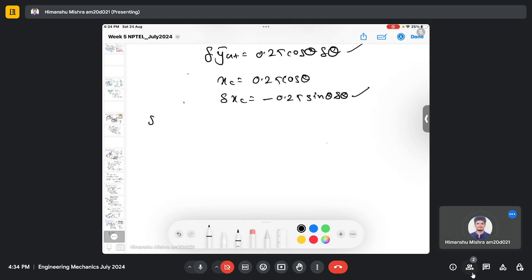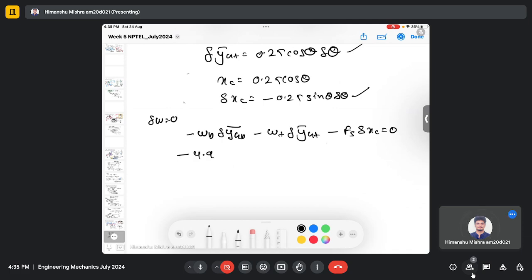Now, according to the virtual work principle, the summation of all the virtual work should be equal to 0. So here we have yb delta y bar gb minus yt delta y bar gt minus fs delta x equal to 0.